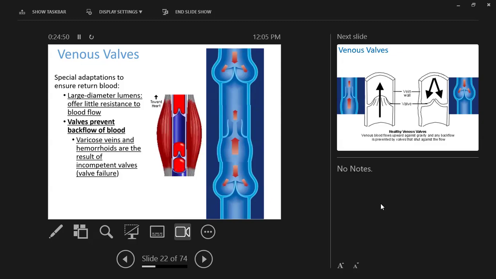This is how we get our blood back from the extremities, our arms, our legs and our feet, because there's no push from the heart anymore. Once we've gone through the capillaries, the pressure in the blood has dropped practically to zero, between 0 and 10.